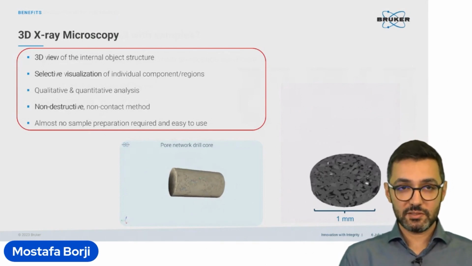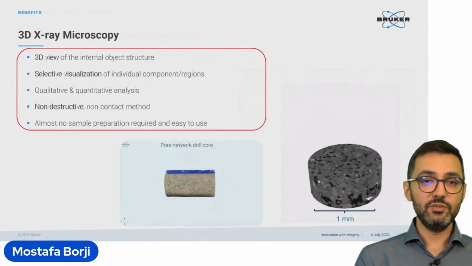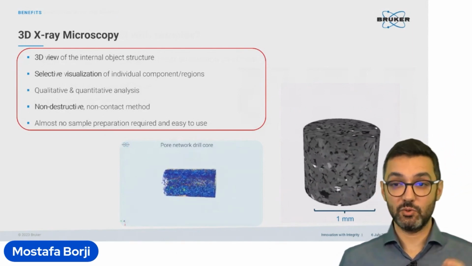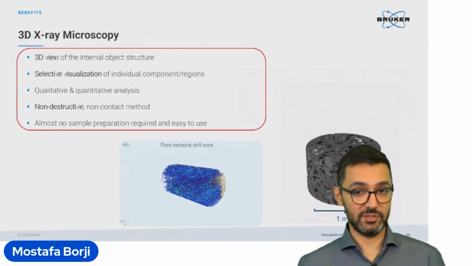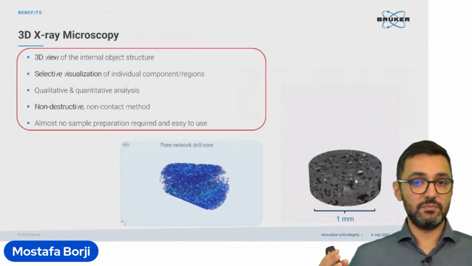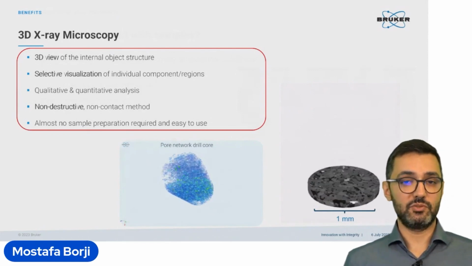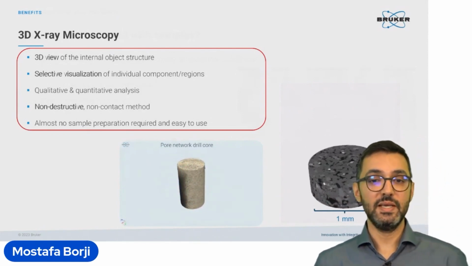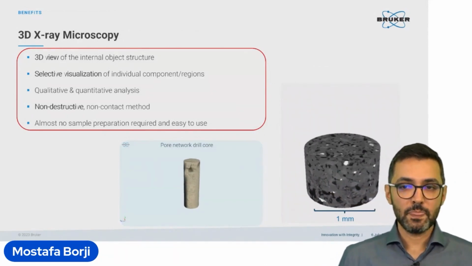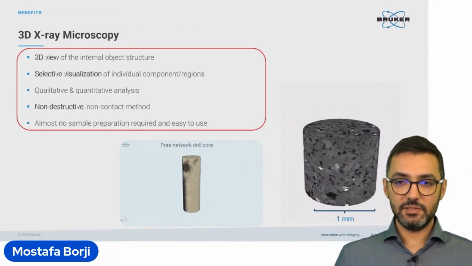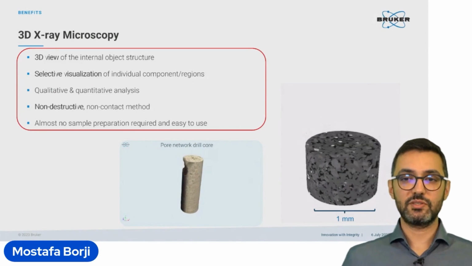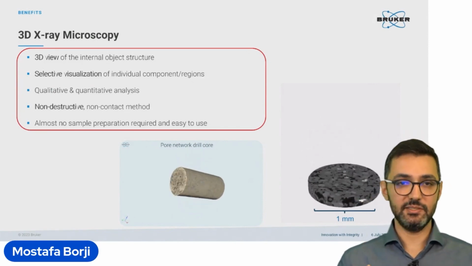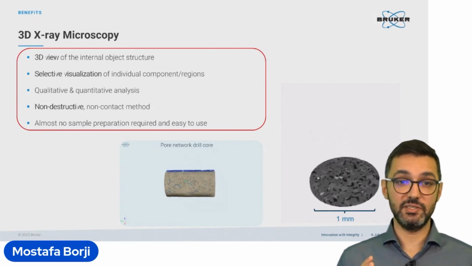In this system, we not only do qualitative measurements, but we can also run quantitative analysis. For example, we can run grain size distribution measurements or pore network and pore size distributions, and so on. As mentioned, in my opinion, the most powerful feature of this technique is its non-destructive nature.